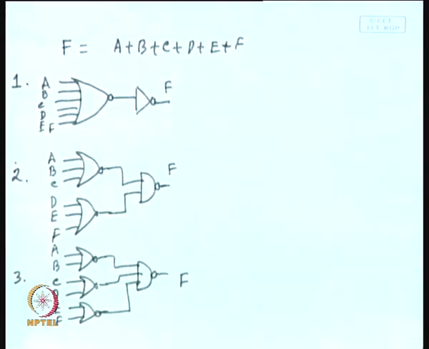So, at the time of what is known as technology mapping, you can choose one of the 3 configurations in realizing the function. Normally, in the standard cell library, you will get inverter, you will get 2 input NAND and NOR gates, you will get 3 input NAND and NOR gates, and also you can have 4 input NAND and NOR gates and up to 6 input NAND and NOR gates. So, whenever you do the realization in one of the 3 ways, is there any difference in area, power dissipation?